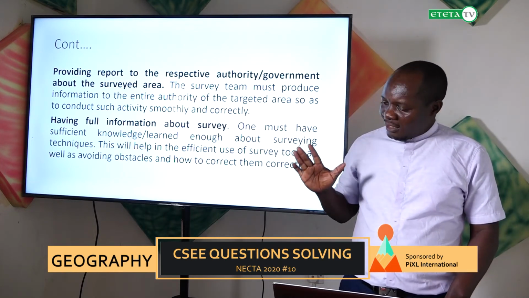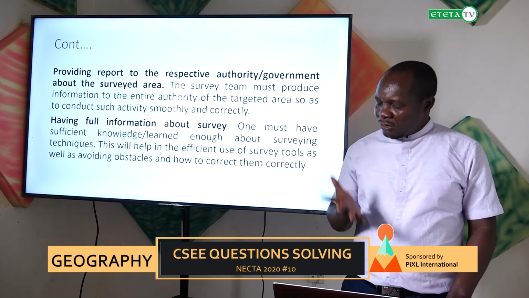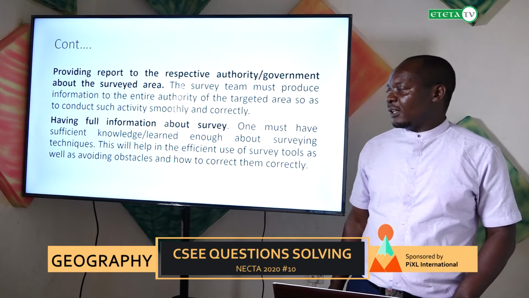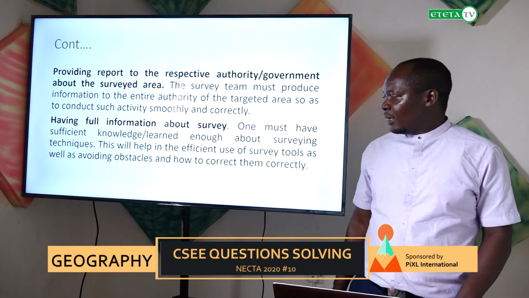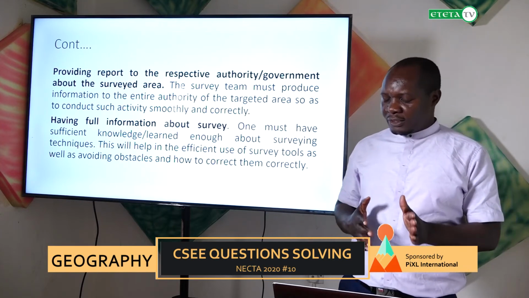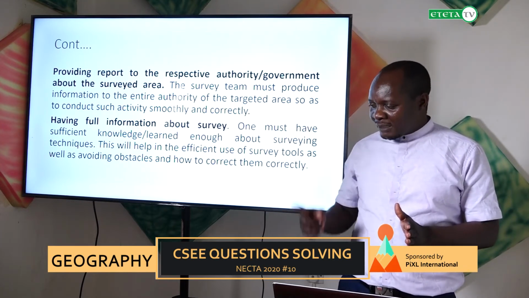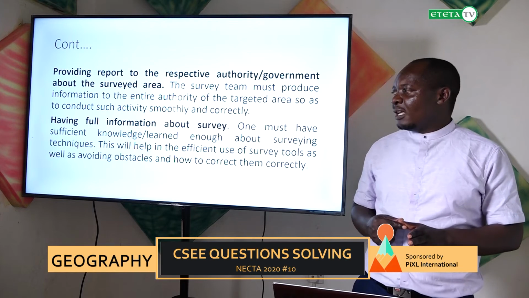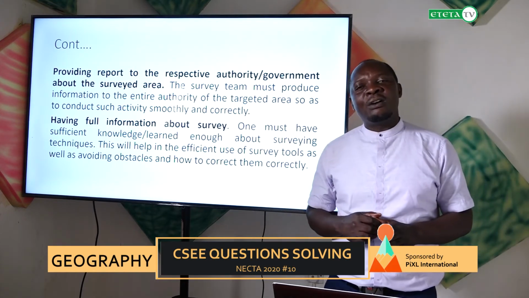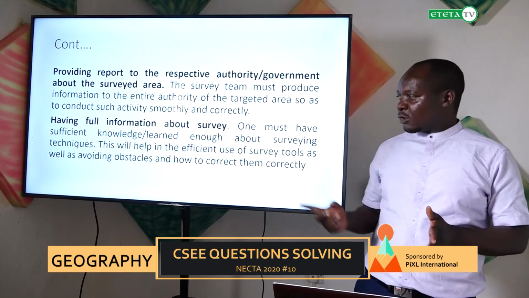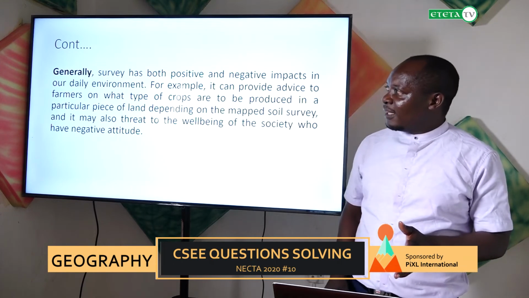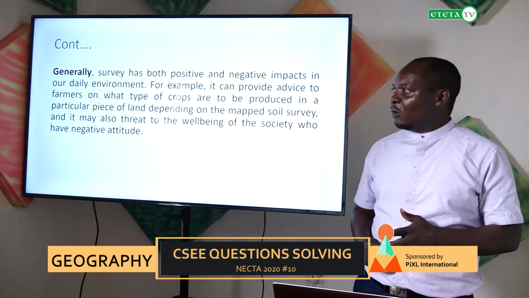That means the person who wants to conduct a survey should be knowledgeable enough about surveying techniques, because this will help in effectively opting for the specific technique to be used, but also this goes simultaneously with the choice of the tools that are going to be used in the surveying process. So under this concept, it talks about the knowledge of the surveyor. The surveyor should be knowledgeable.